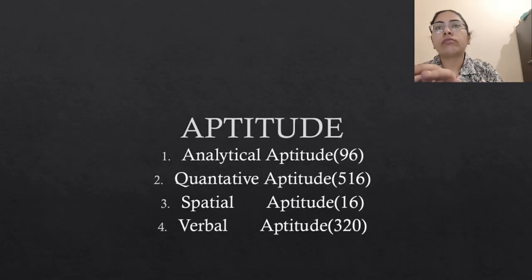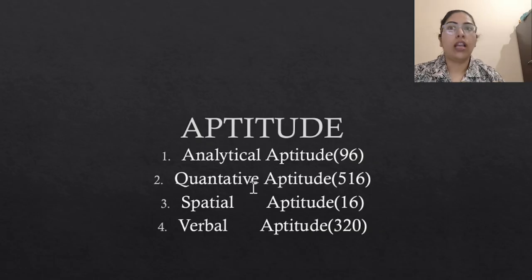See, our aptitude contains four major topics. First is analytical aptitude, second is quantitative aptitude, third is spatial aptitude, and fourth is verbal aptitude. First, analytical aptitude contains about almost 96 previous year questions.